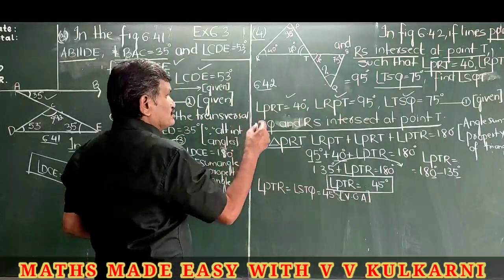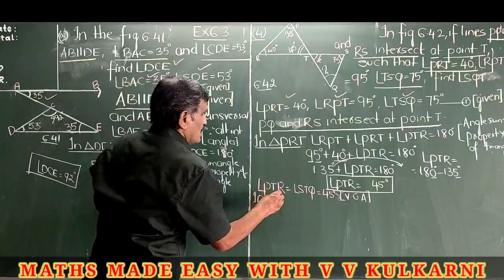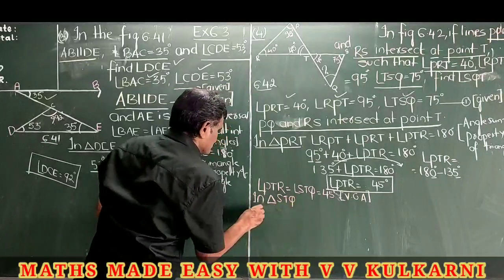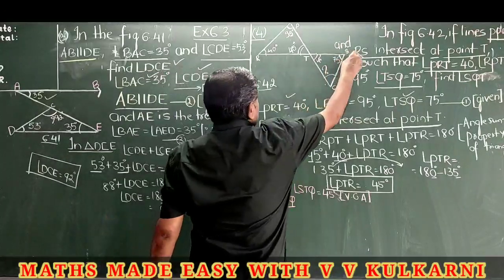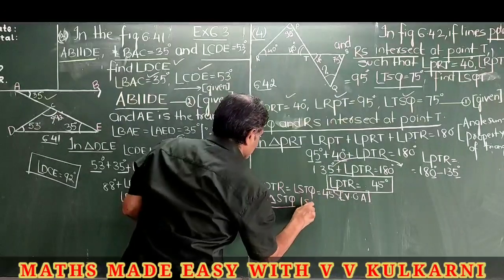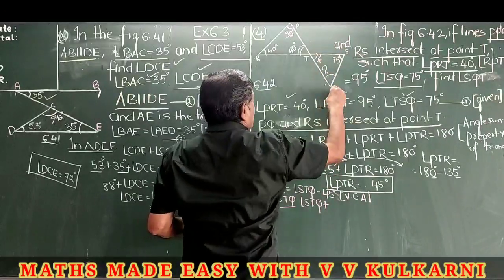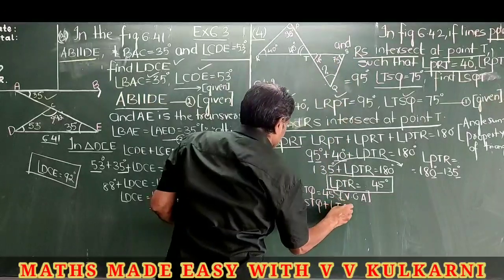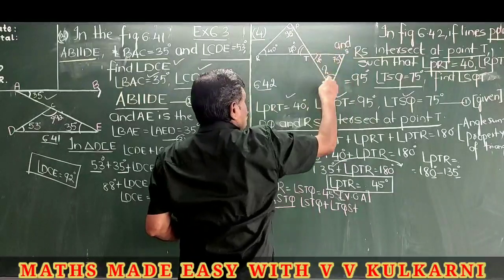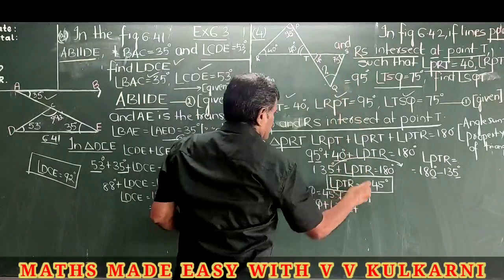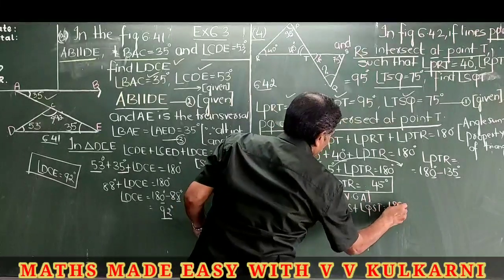Again, I use that sum angle property. So in triangle STQ, angle STQ plus angle TQS plus angle QST is equal to 180 degrees.